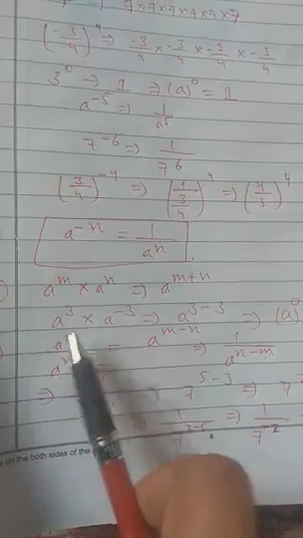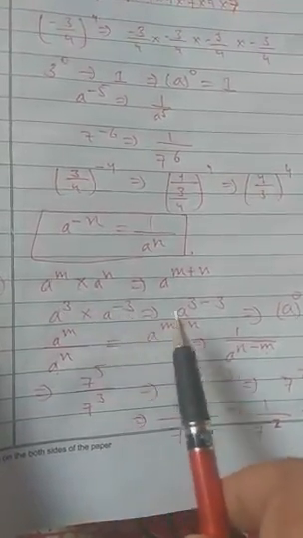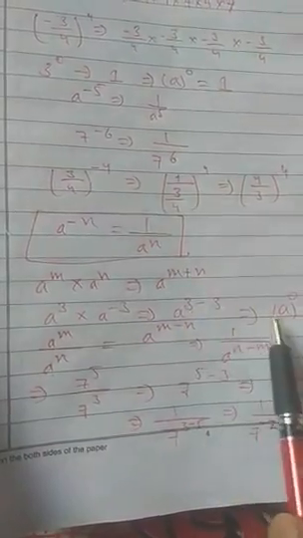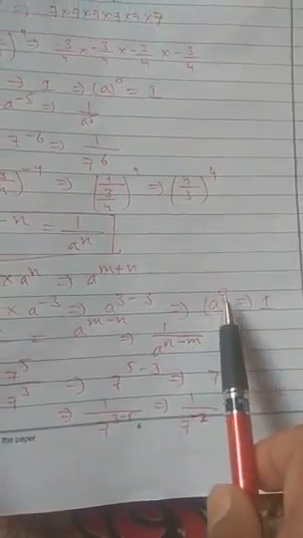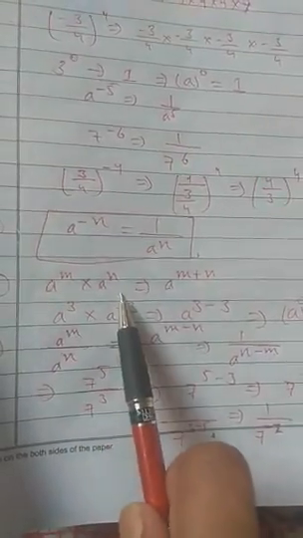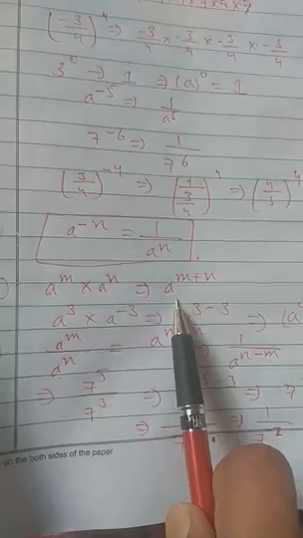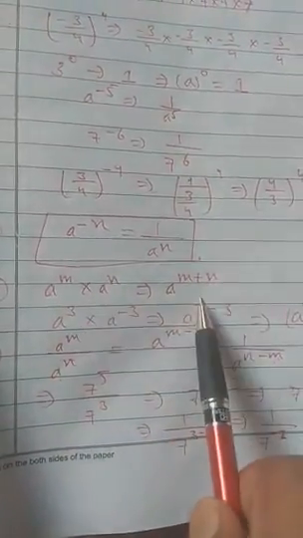If we have a power 3 into a power minus 3, if you have the same base, then the powers will be added, so a power 3 minus 3, this will result to a power 0, and once again the same result. If we are having any constant whole power 0, that will result to 1. A power m into a power n will result to a power m plus n, because the bases are the same, then the powers will be added.